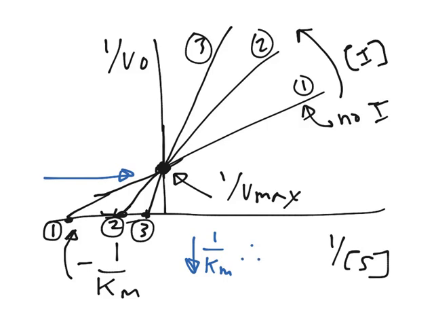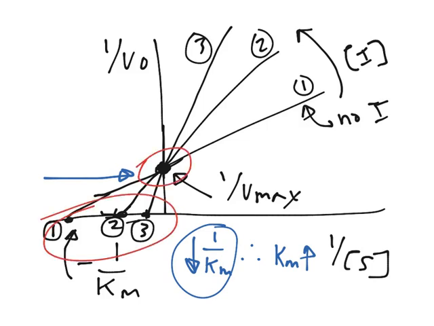Therefore, Km itself is going up in order for this number to be getting smaller. That's what we expect for competitive inhibition. So we would do these experiments varying the amount of inhibitor, make a double reciprocal plot, and see: does Vmax stay the same, and does Km increase? If so, then that particular inhibitor would be classified as a competitive inhibitor.